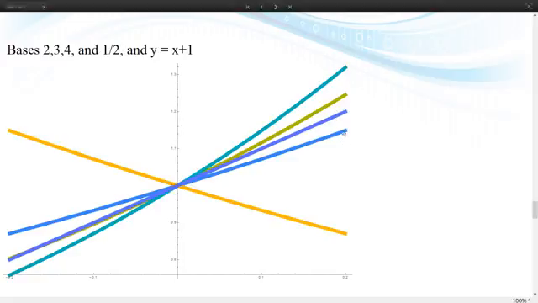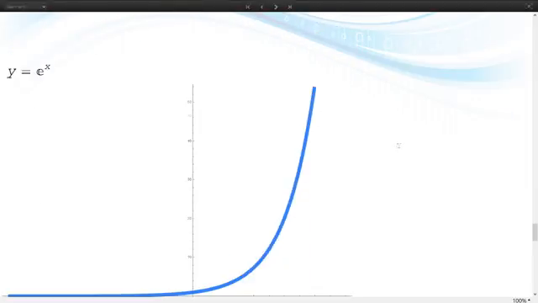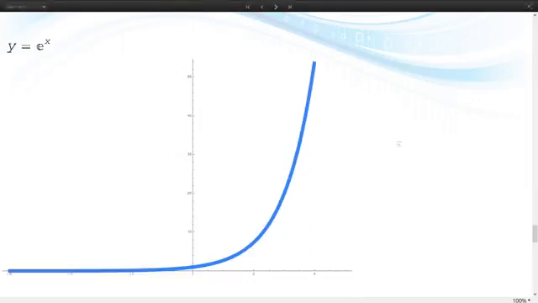Again, 2 gives us this weird irrational slope of natural log of 2. Using a base 3 gives us an irrational slope of natural log of 3. What we really want is to have a base where that base has a tangent line with slope 1. And we define the number e to be that number. Here's a graph of e to the x.